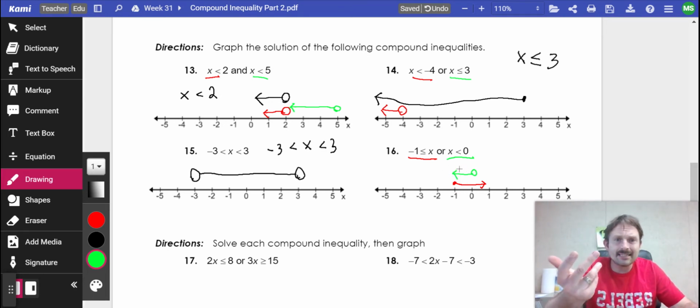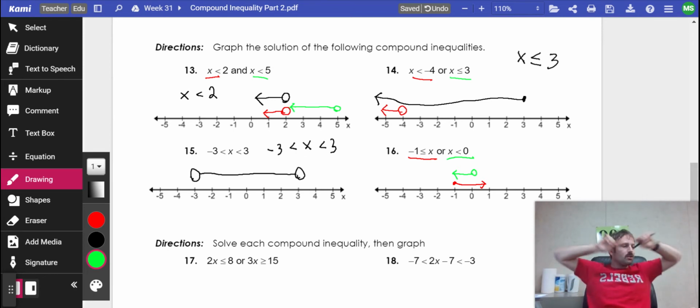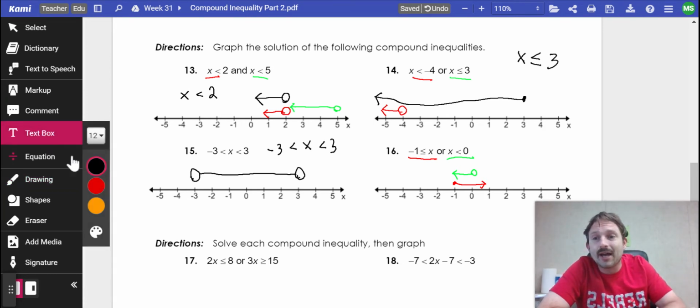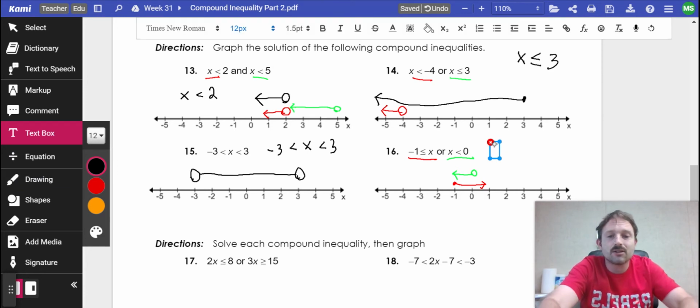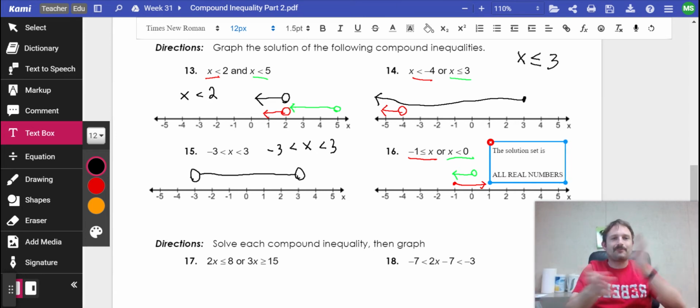Now, technically, both of these are going to touch all the numbers going in different directions, so the solution set will change. It is not the inequalities that are there. We are going to have to state the solution set is all real numbers.